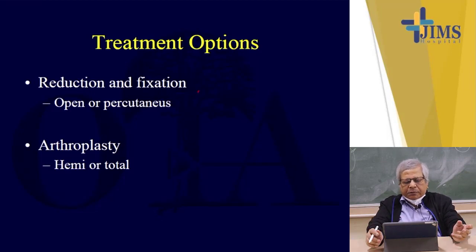The reduction is checked by image intensifier and reduction is maintained by percutaneous screws, 3 screws. I'll show you the examples. If closed reduction is not possible, then one should go for an open reduction and internal fixation by the same 3 screws. But this is only for young patients.